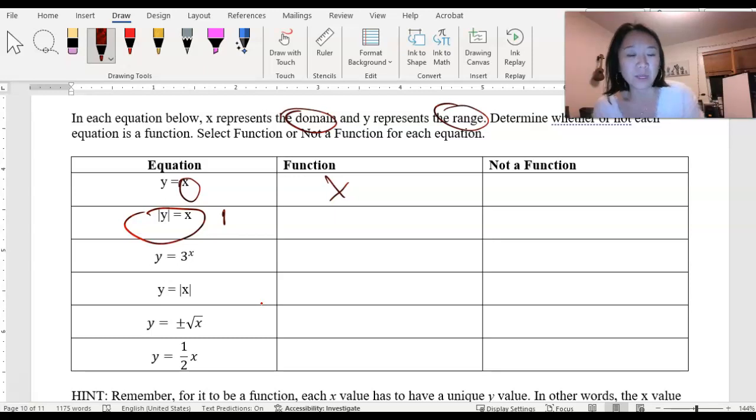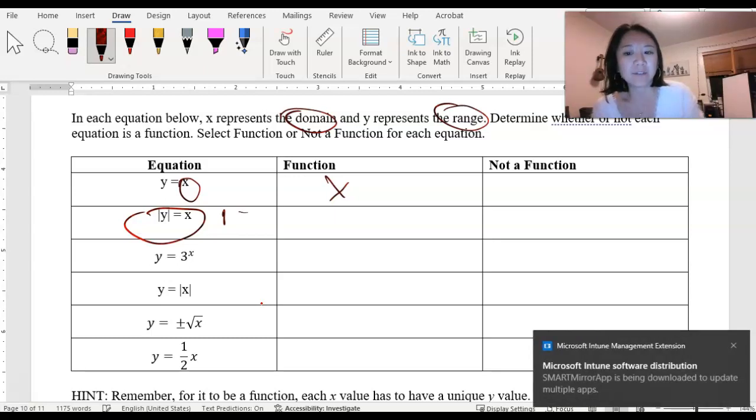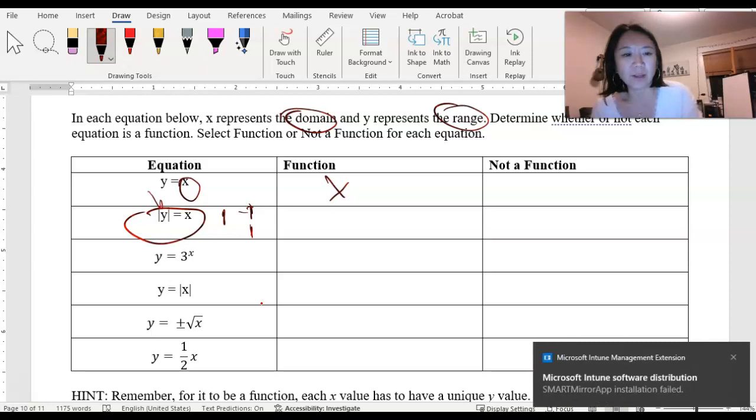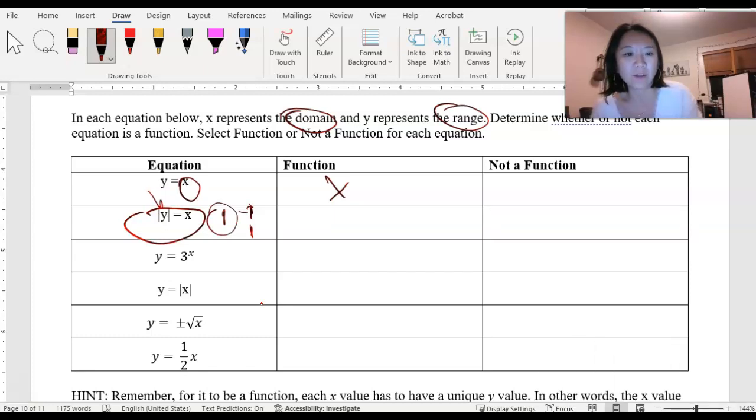Well, this could be that y is -1, or it could be that y is +1, because if I put -1 into the absolute value bracket, I will get a +1 in return. If I put 1 in here as a positive y value, I will get 1 as an output. And so because there are 2 potential outcomes to this, this is not a function.